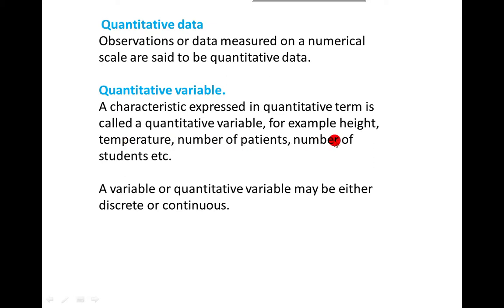Number of patients, number of students is the discrete variable, because number of patients may be 2, 3, 5, 10. Number of students may be 2, 3, 4, 5, 6. 2.5 patients, 2.5 students is not possible.